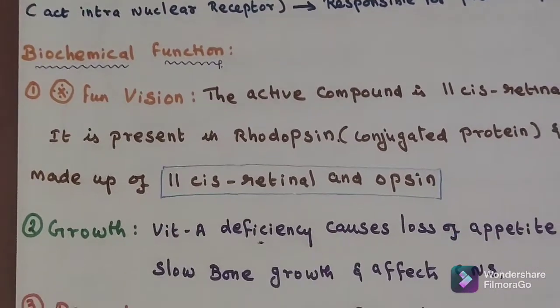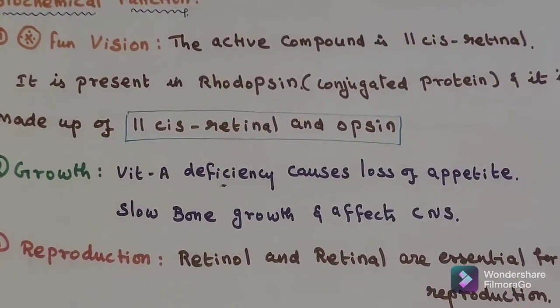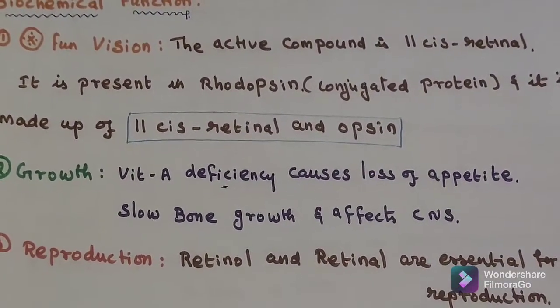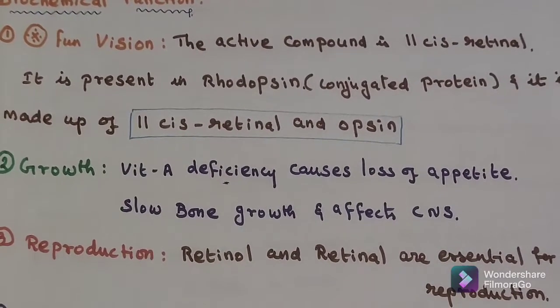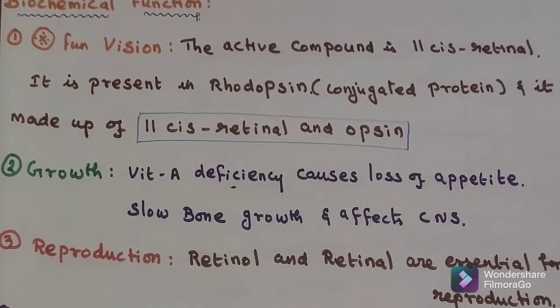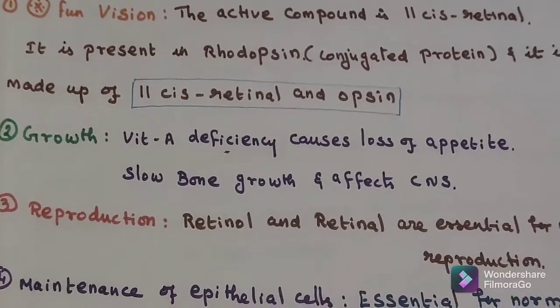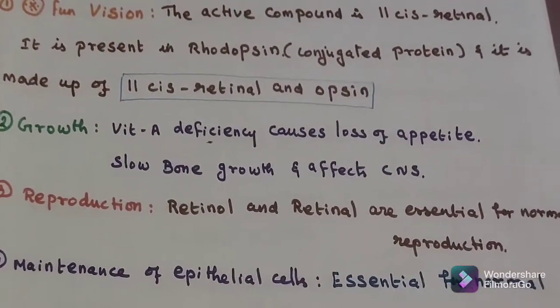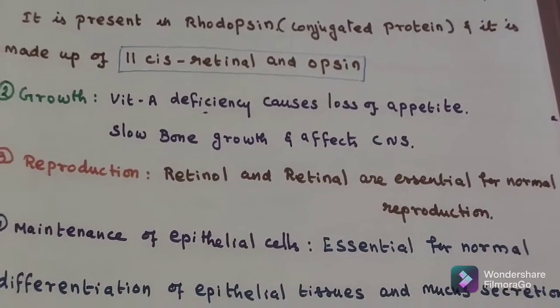Second one is growth. Vitamin A deficiency causes loss of appetite, so it leads to slow bone growth and affects central nervous system. Then reproduction. Retinol and retinal are essential for normal reproduction.